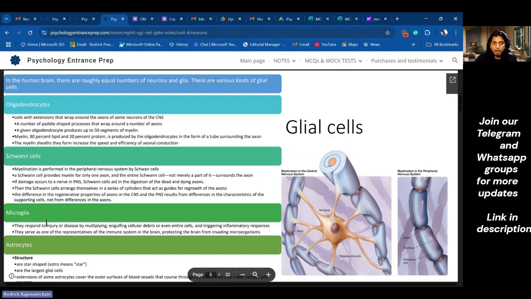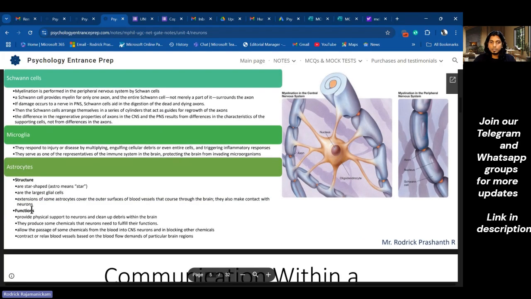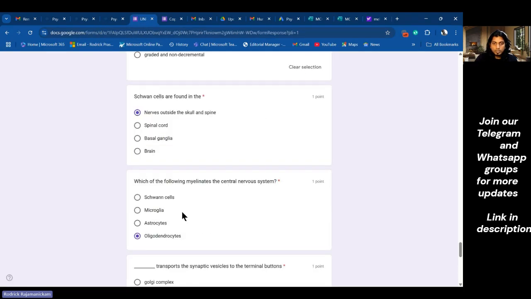We have other glial cells like astrocytes. Astrocytes restrict the amount of blood that goes into one part of the body. They also clean up debris, eating up waste in the brain and blood. So that's the next question.